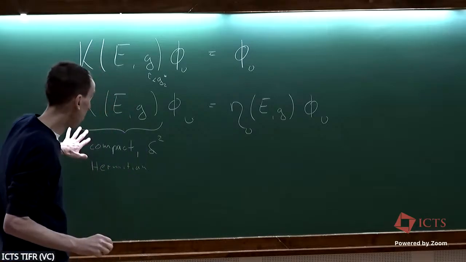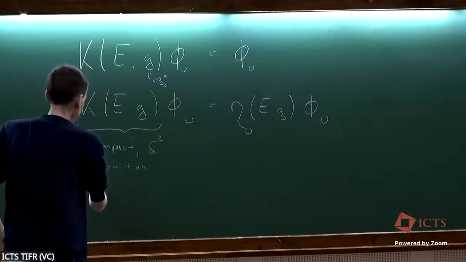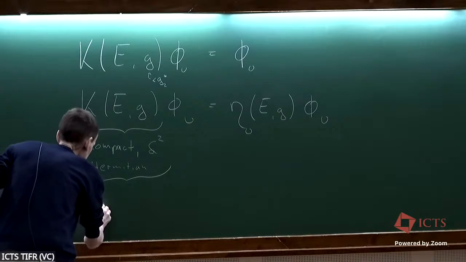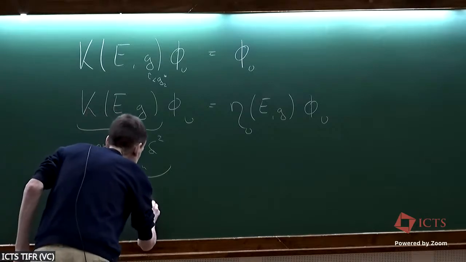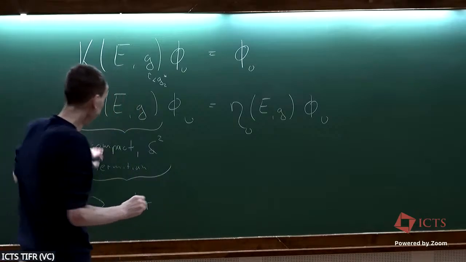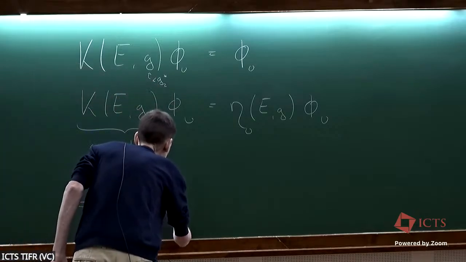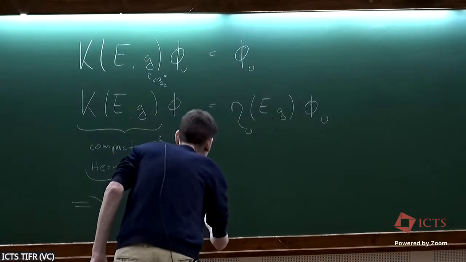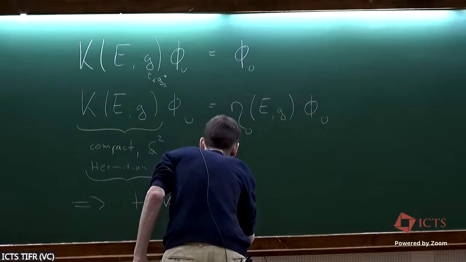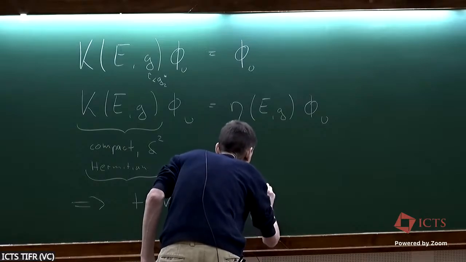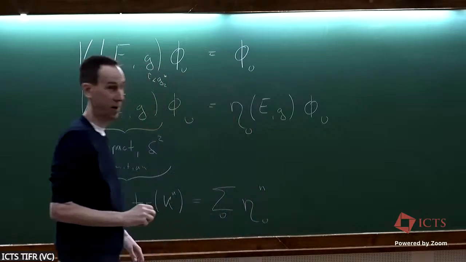So given all those properties, it follows that the trace of that operator to the power of n is equal to the sum of those eigenvalues also to the power of n.